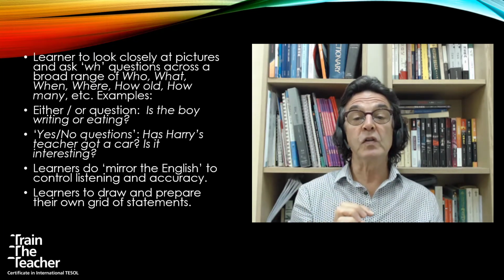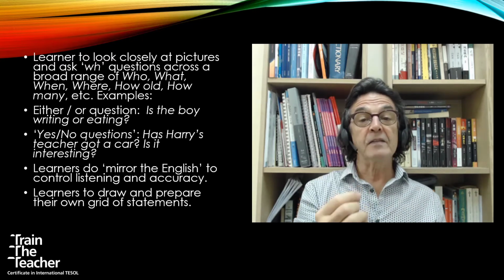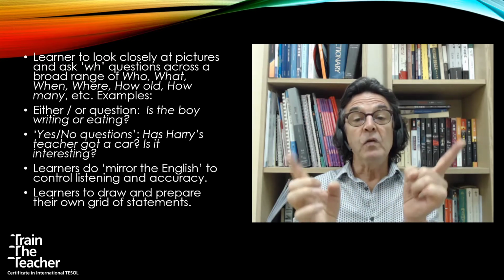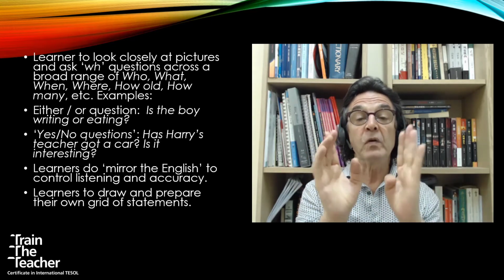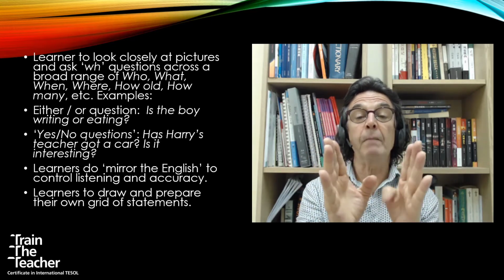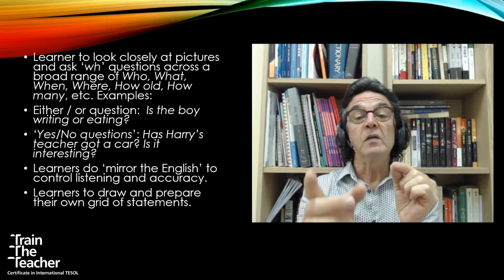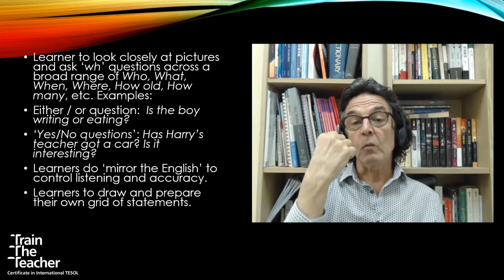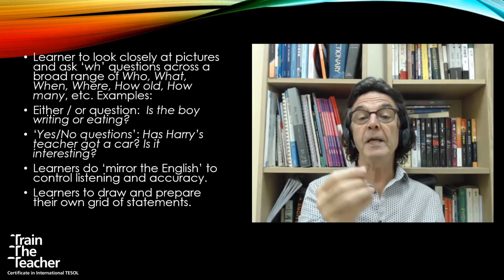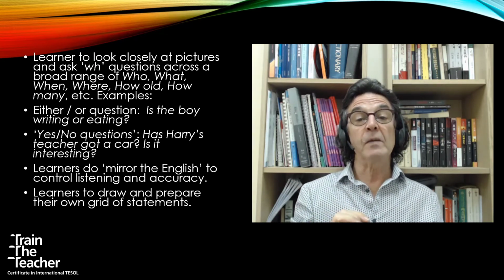Of course you can drill any way you want to on that. After that's done, of course, you can get them to mirror the English, and when they're mirroring, you're getting an opportunity for them to control the accuracy of their language. You will find, as always, when you have a group like that, that one person who is speaking, perhaps making mistakes, very likely will be corrected by the other kids.